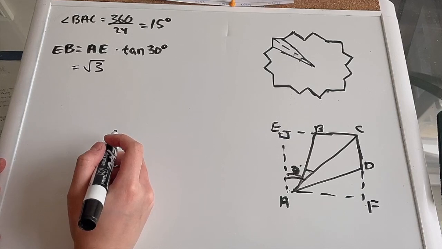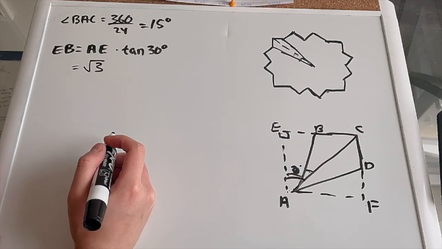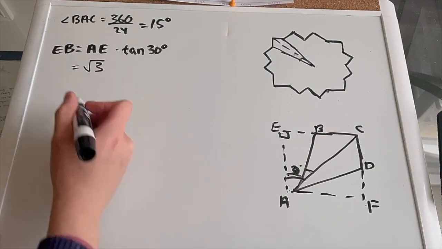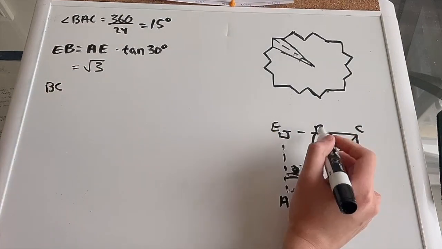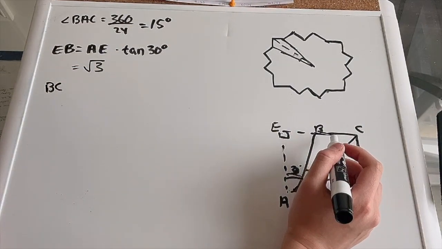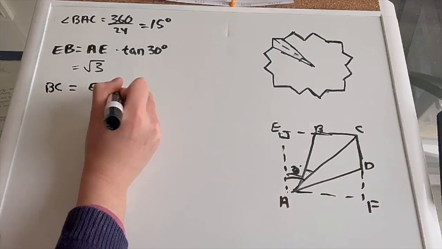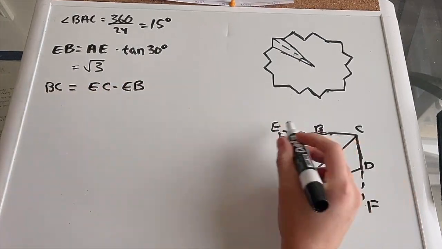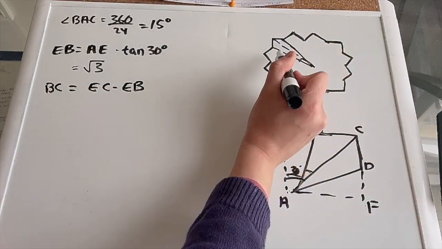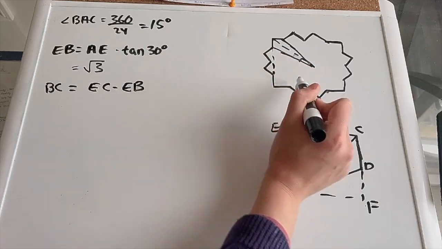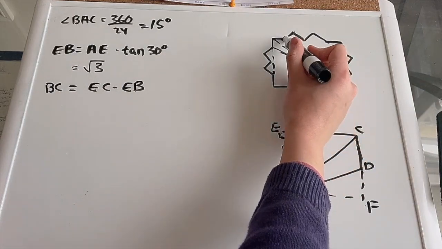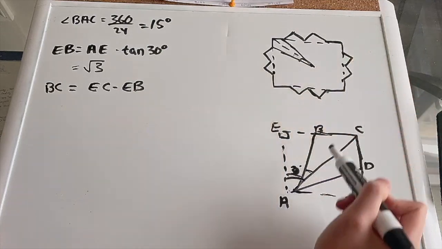Now, we can simplify more because when we go on to the next step, we can see that BC right here would equal EC minus EB. Now, what is EC? Well, if we're looking at this big diagram right here, this is technically in this square, which is the bottom square.